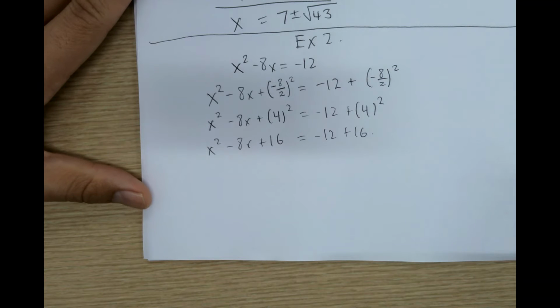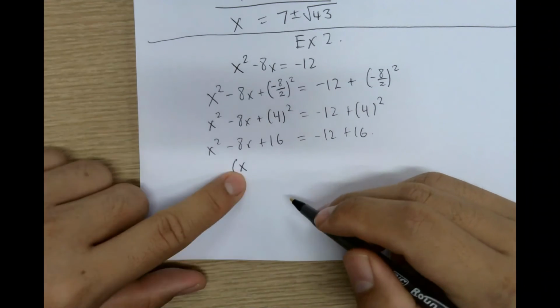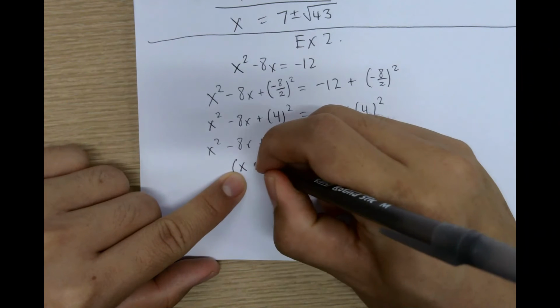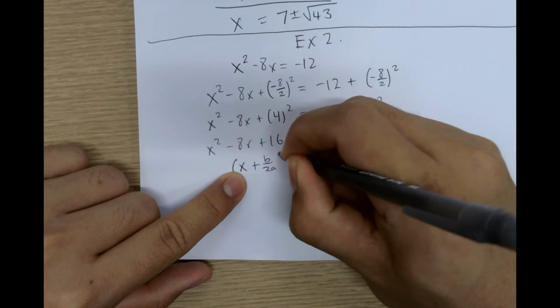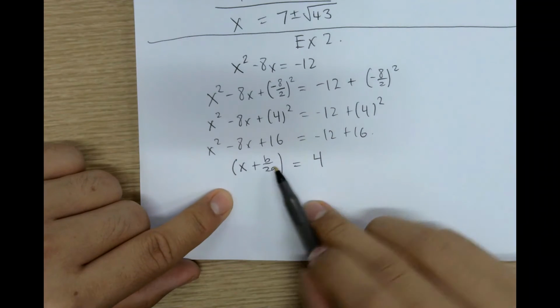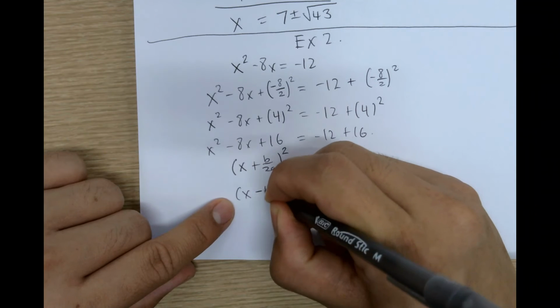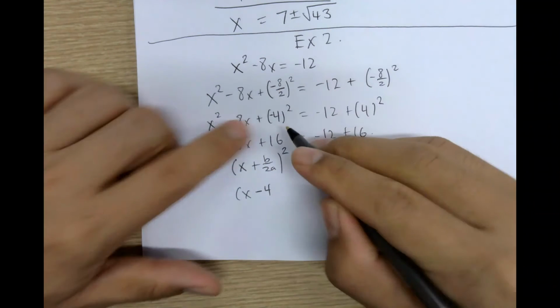Okay, so we know that when we're completing the factors, it's going to be x plus b over 2a, again. And so we know that this would be x minus 4. Sorry, there should be -4 right here.